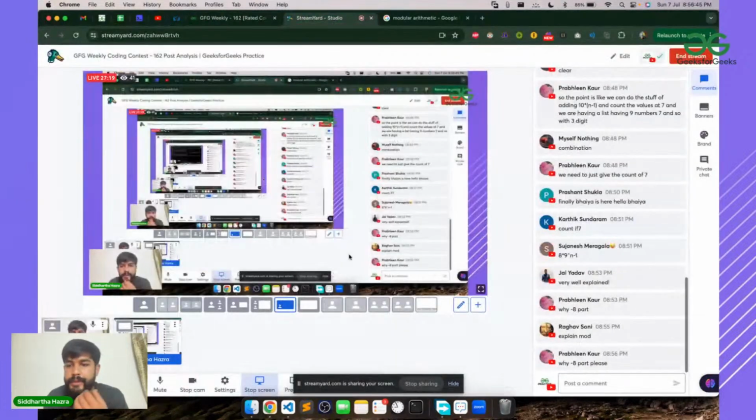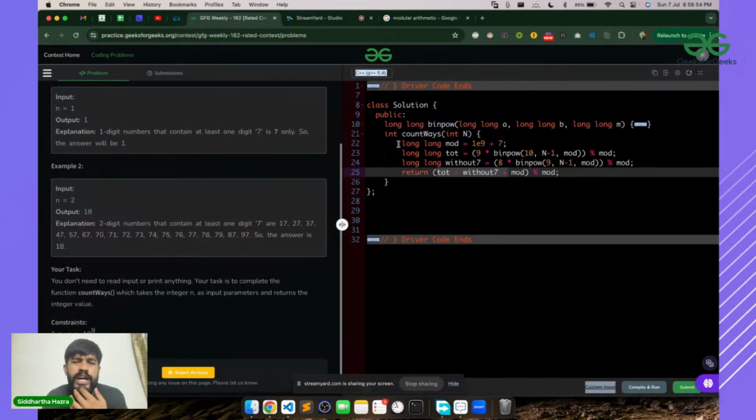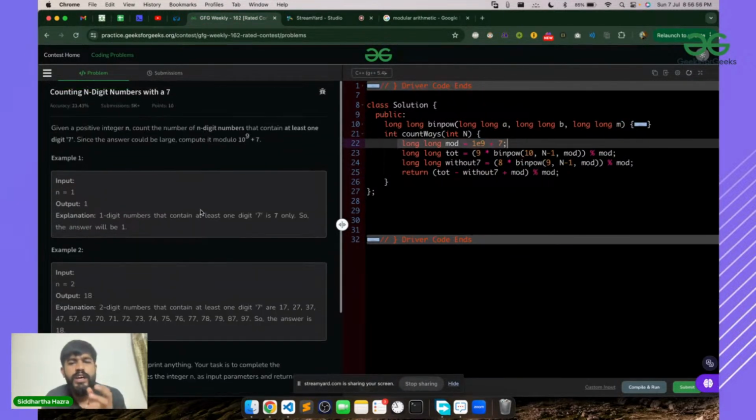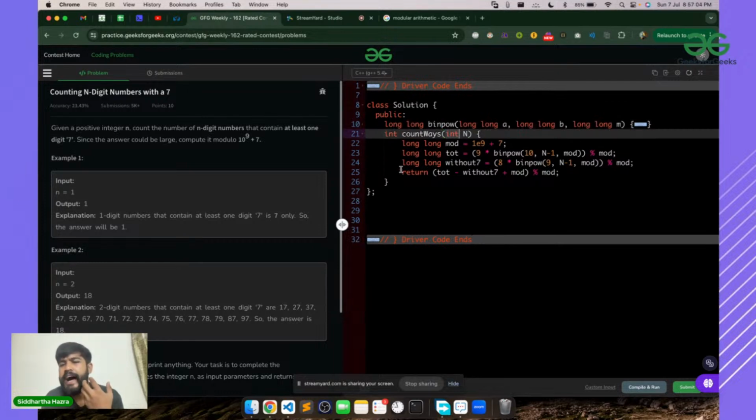Okay, fair enough. Long mod, why we used it? I'm using it because every value is in int, so I know that the values would be bigger.